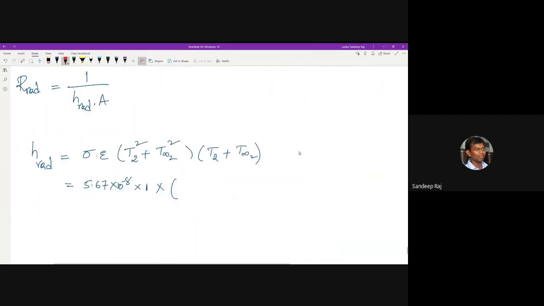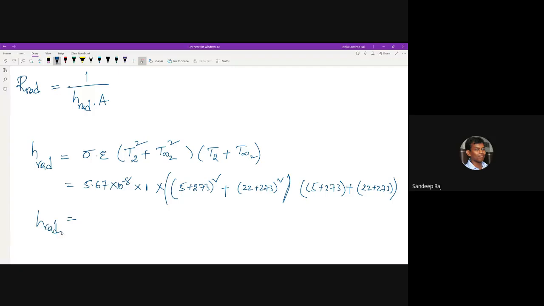Now I'll consider this T2 as 5 degrees centigrade. 5 plus 273 whole square plus 22 plus 273 whole square into 5 plus 273 plus 22 plus 273. So that's how we got it.